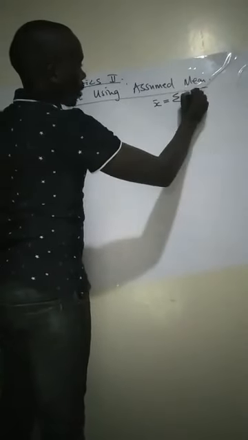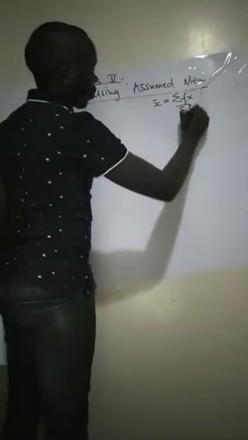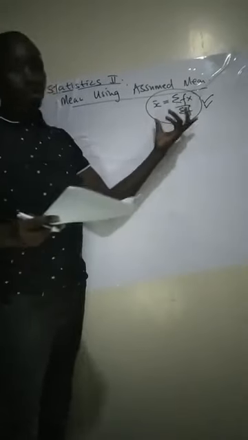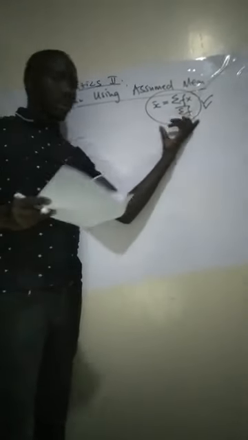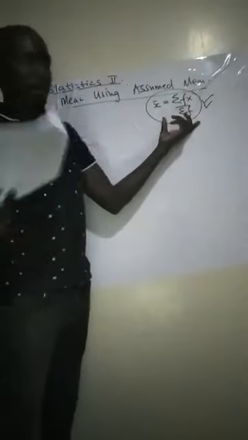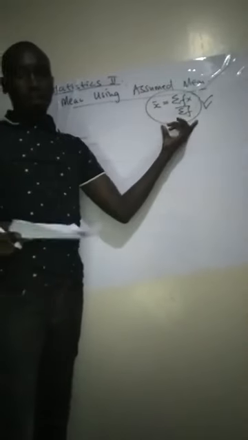Mean in form 2 was gotten by summation of fx over the summation of f. This is the first formula we did in Form 2. You will need to recall it because in some cases, especially in paper 1, you will be told to find the mean, and in that case you will use this formula.